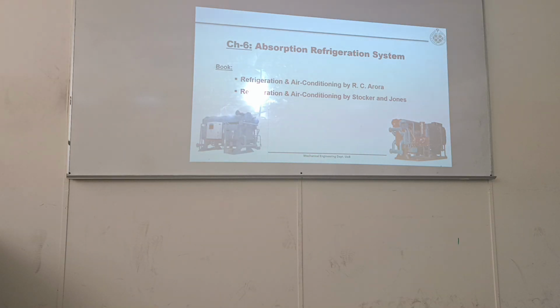And that heat can be provided using solar thermal energy, not photovoltaics. That is the major advantage, but it is not feasible to use here. For example, here if you use a vapor absorption system, something outside is burning, you need heat. That is not feasible from a safety point of view. There will be so many burners everywhere.